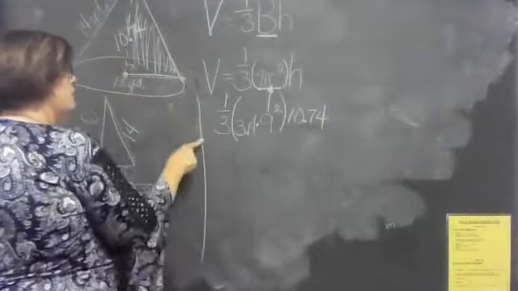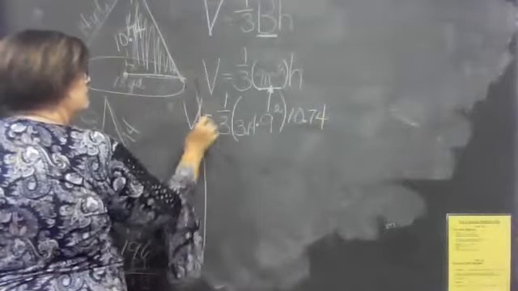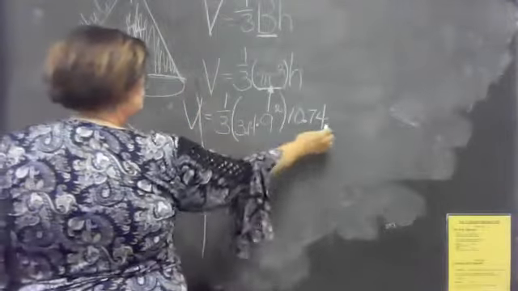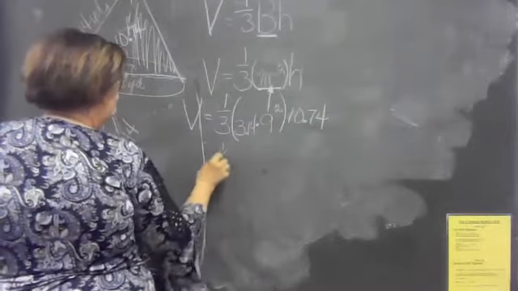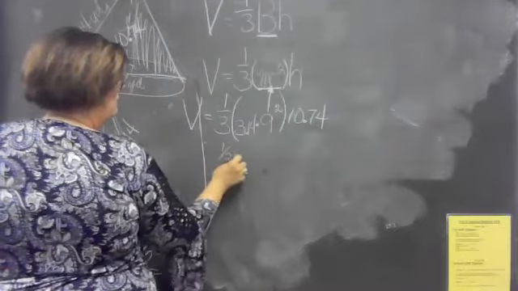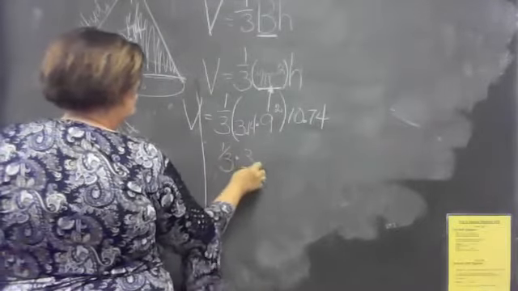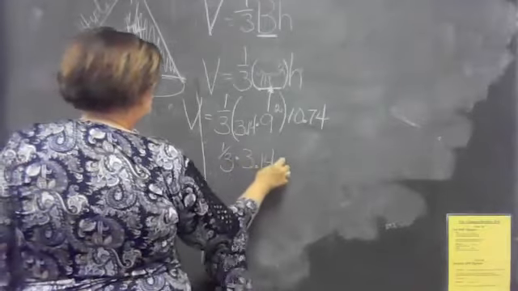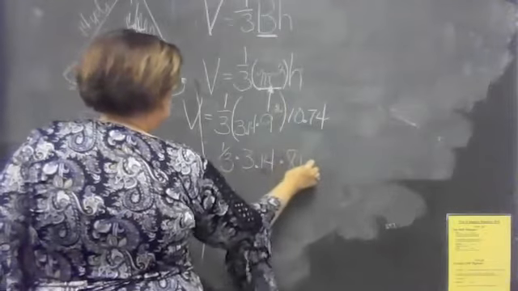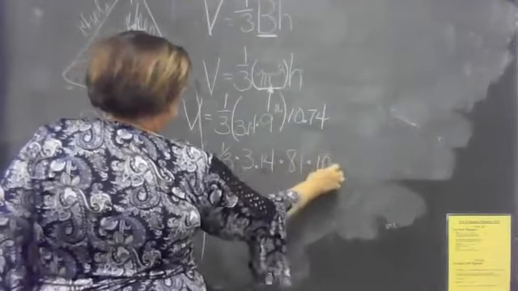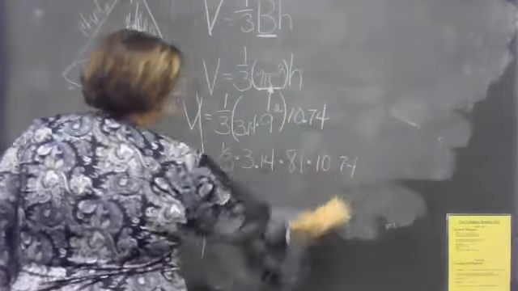Now to find the volume, all you have to do is this work. If you want to do it by hand, that's fine. We have 1/3 times 3.14 times 9 squared is 81 times 10.74.